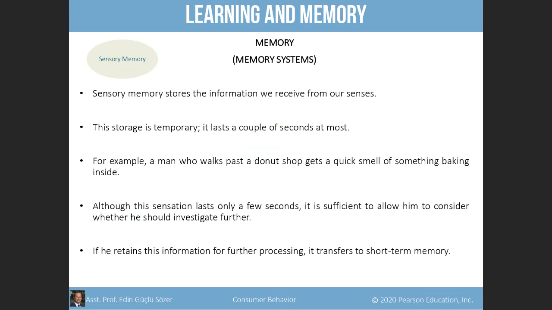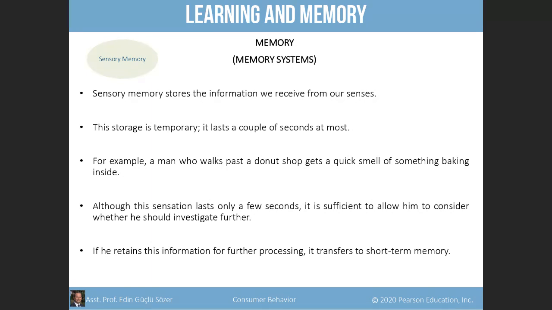First of all, sensory memory stores the information coming from our senses. When we hear something, for example, this goes first to our sensory memory. Our ears listen to the sound, and this is written to our sensory memory.